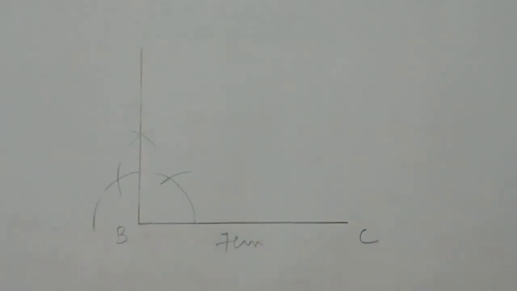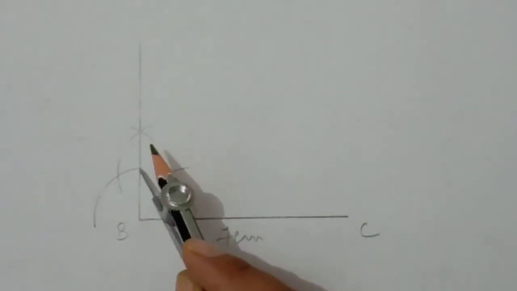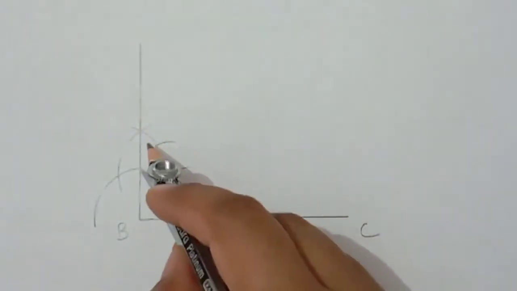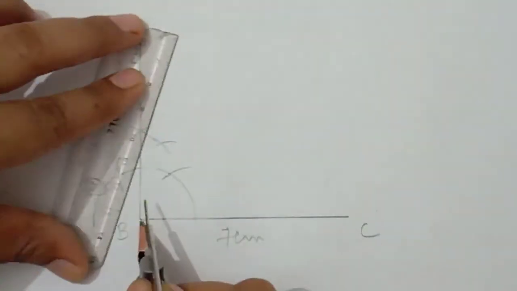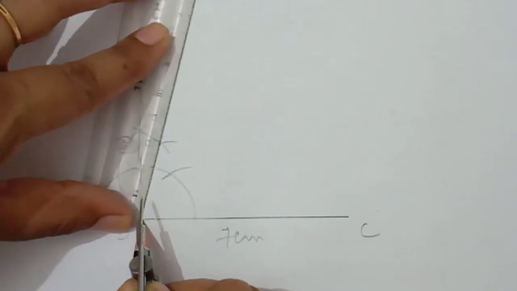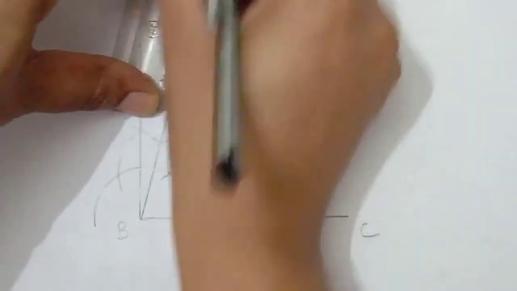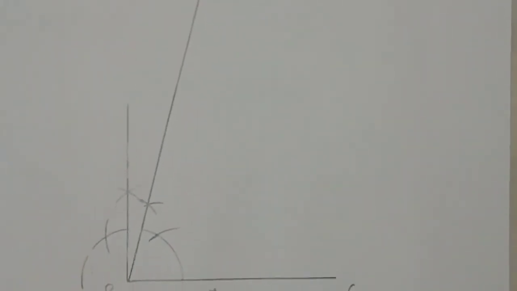Now we want a 75 degree angle, and 75 is only possible with the bisector of 60 and 90 degrees. So we will draw the angle bisector of these two angles, and this is our 75 degree angle. Correct students?